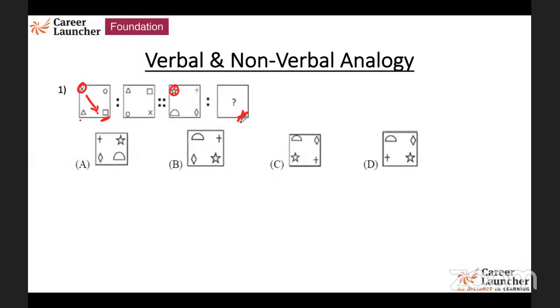This has to come here very clearly. Similarly, this gets exchanged to this place, so this plus comes this way. So this plus should come here. So the answer is D for this. A lot of you have got it correct. Very good.